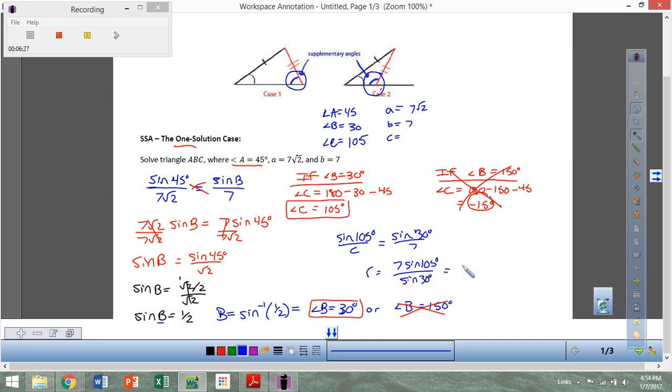And that gives us an answer of 13.5. Okay, so there is a situation where I have only one such triangle that will have that information.